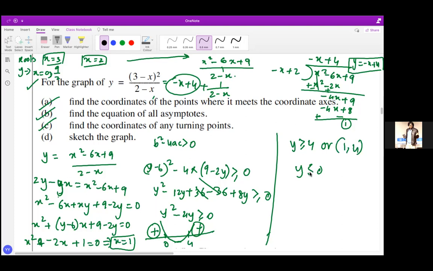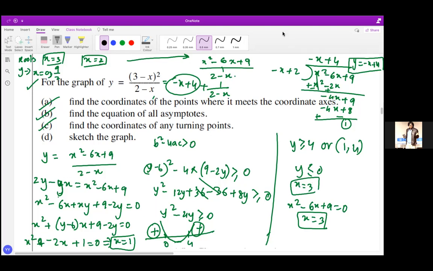Similarly plug in y as 0. I get x squared minus 6x plus 9 equals 0. You get x as positive 3. So these are the turning points: 1 comma 4 and 3 comma 0.